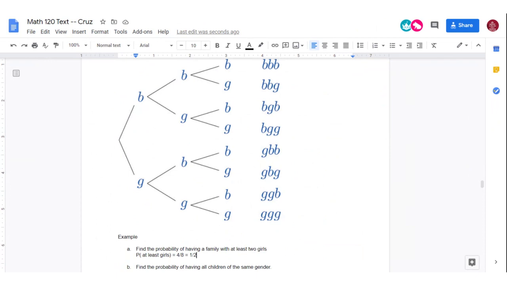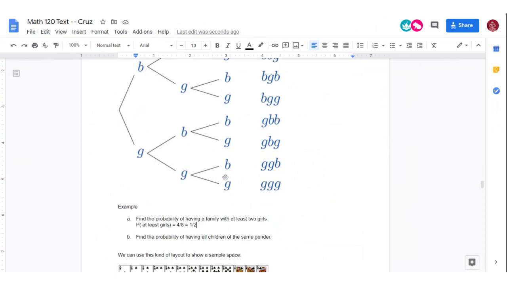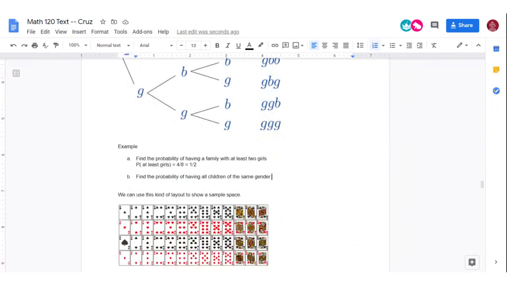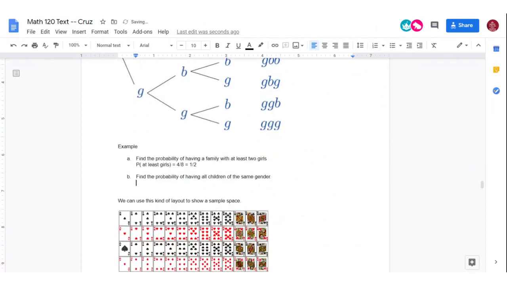So there are only 2 of these where they're the same gender. So 2 out of the 8, which is 1/4.